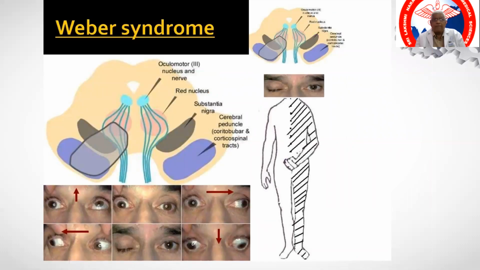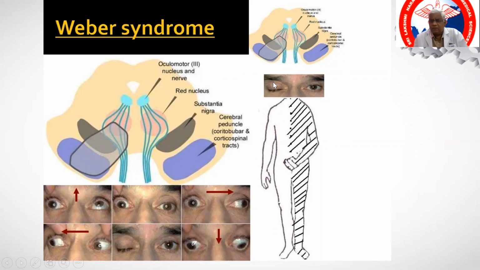Weber syndrome, an elaborate view. Oculomotor nerve, red nucleus, substantia nigra, cerebral peduncle. This is first ptosis.